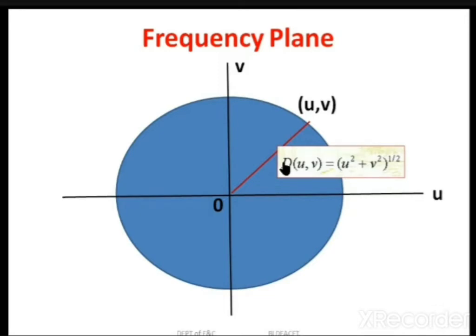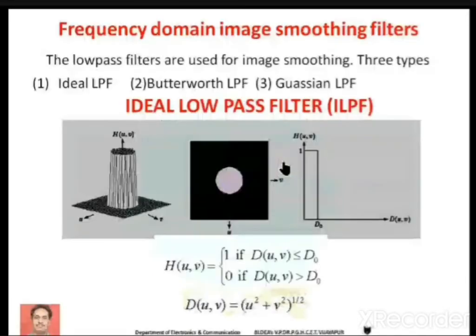Next we have frequency domain image smoothing filters. In the spatial domain we have studied how to carry out the smoothing operation and the sharpening operation. If you remember, smoothing is the process of blurring the image to remove small objects.